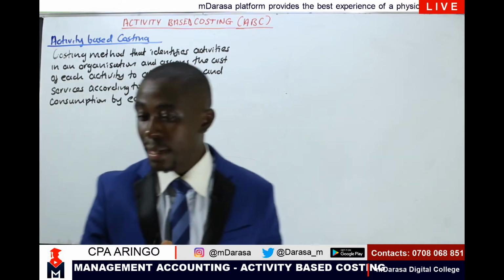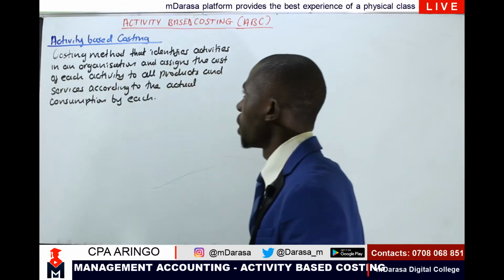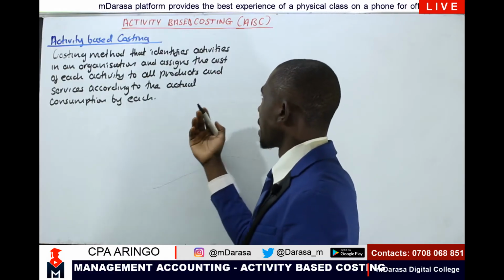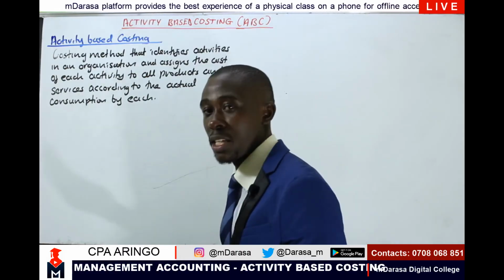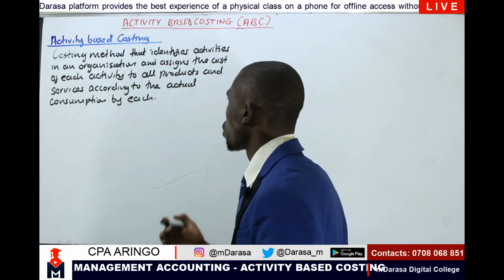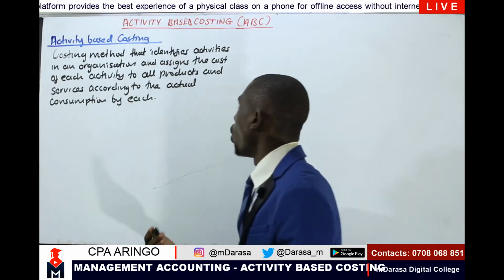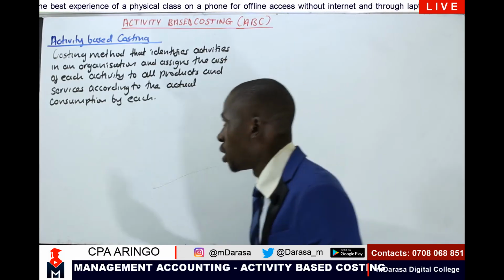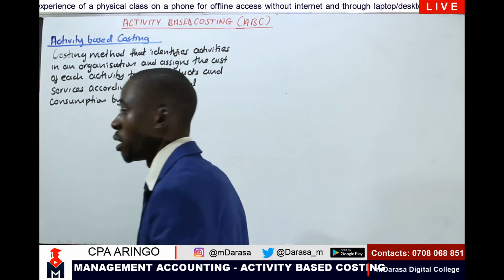So basically, that is a simple term. That is how you can mention activity-based costing. We are talking of a costing method that identifies activities in an organization and assigns the cost of each activity to all products and services according to their actual consumption by each.